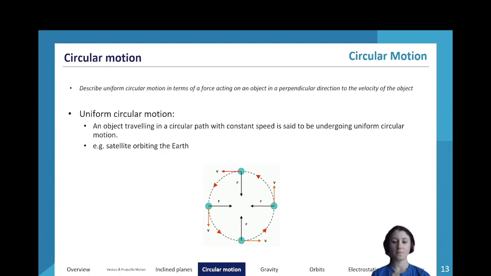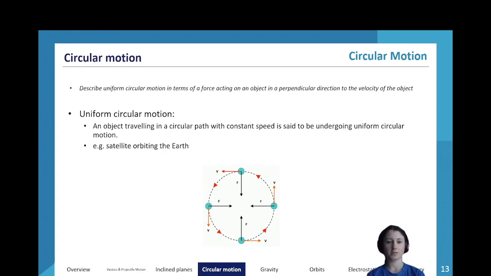And it acts perpendicularly to the velocity. So the centripetal force and the velocity are perpendicular, which means there's a right angle between them, 90 degrees. The other thing which isn't shown in this diagram is that, remember, acceleration goes in the same direction as the force. So the centripetal acceleration would also be drawn towards the center of motion.